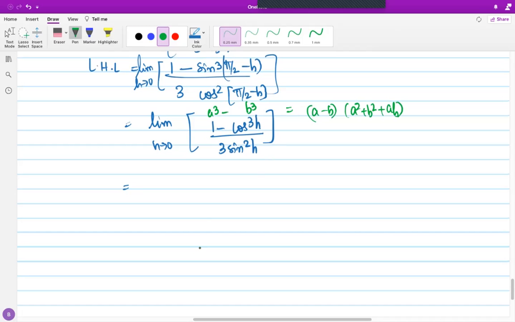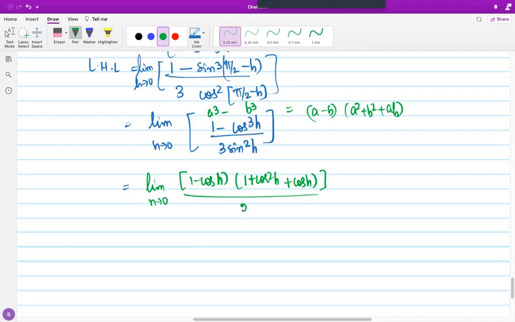So here it is limit h tends to 0 of (1 minus cos h) into (1 plus cos square h plus cos h), divided by 3 into 1 plus cos square h.